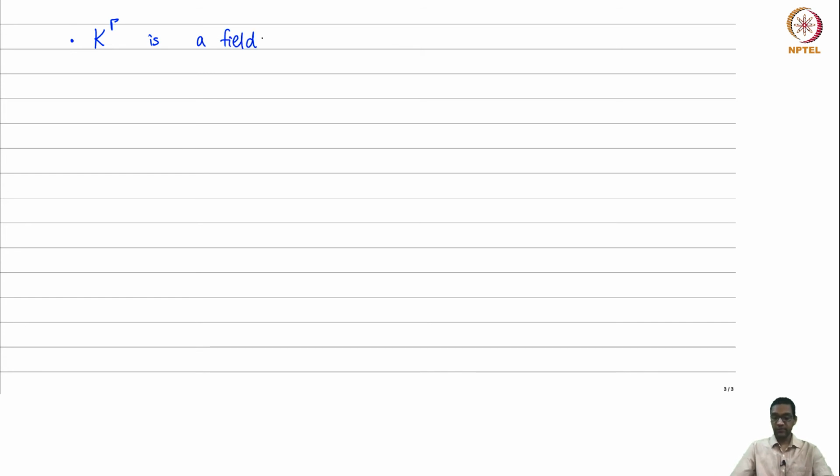K^Gamma is in fact a field. Well, it's actually a subfield of K. This is a subfield of the ambient field K. Okay, so let's check this. So what is it that we need to check? We need to check the properties of a subfield. What all do we need? Well, if you have two elements a and b in the subset, when is a subset a subfield?